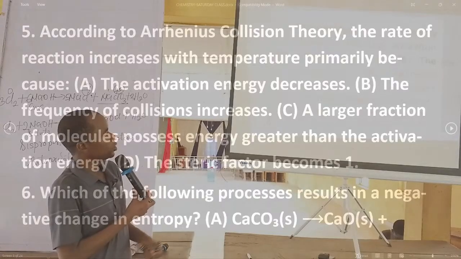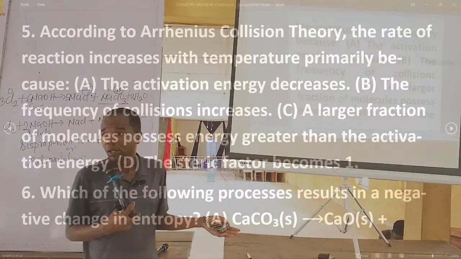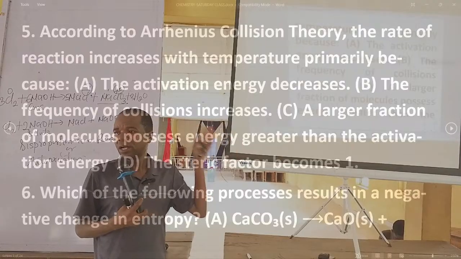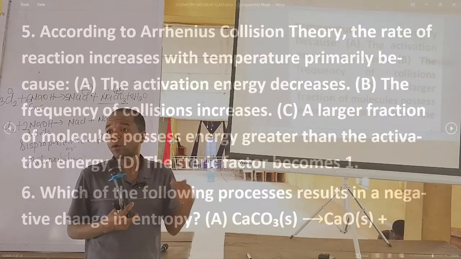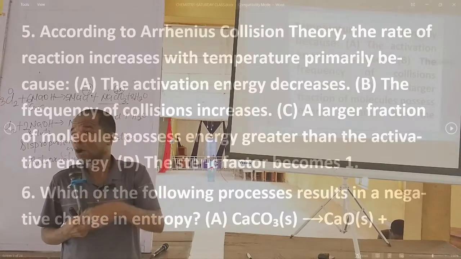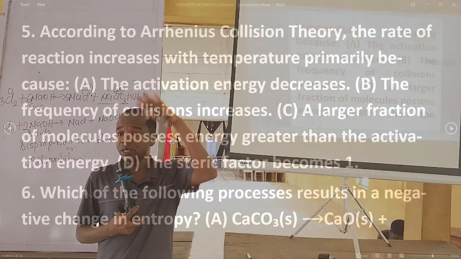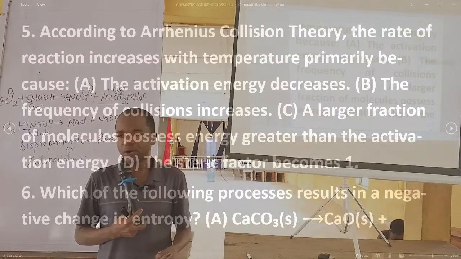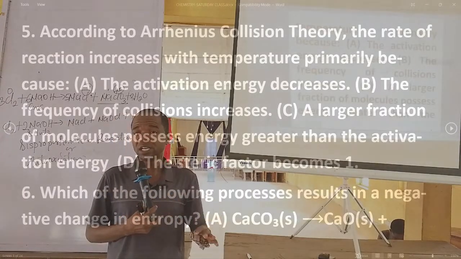So if you take a look at the options, option A, the activation energy decreases, we know that is wrong, because the only thing that reduces the activation energy of a reaction is a positive catalyst. That is how a catalyst increases the rate of a reaction, by lowering the activation energy. Temperature has no effect whatsoever on the activation energy. Only a catalyst does.